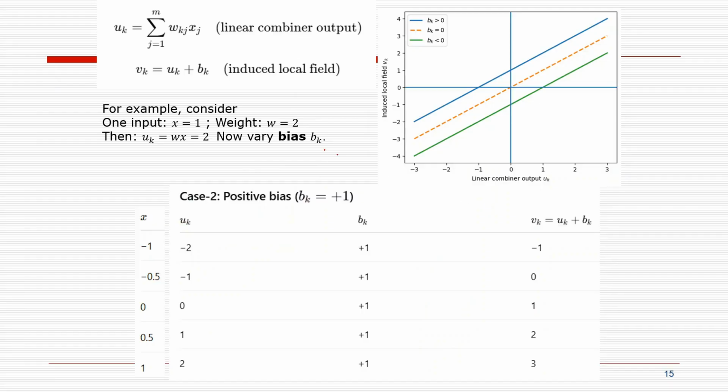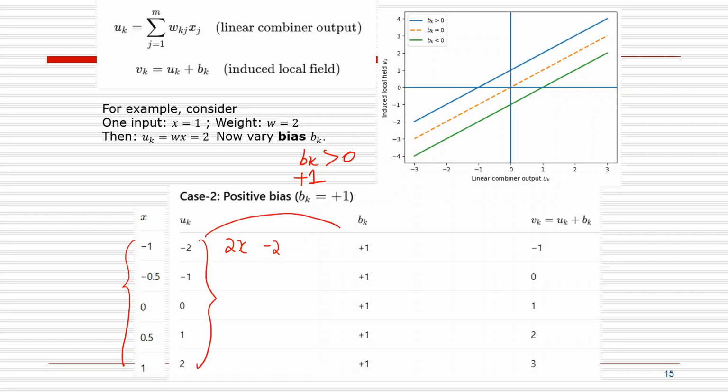Now we will consider the case where BK is greater than 0, in this case plus 1. Here, same inputs: minus 1, minus 0.5, 0, 0.5, and as I said it is 2x, which becomes minus 2, which you are familiar with. Now this BK we are taking as plus 1.